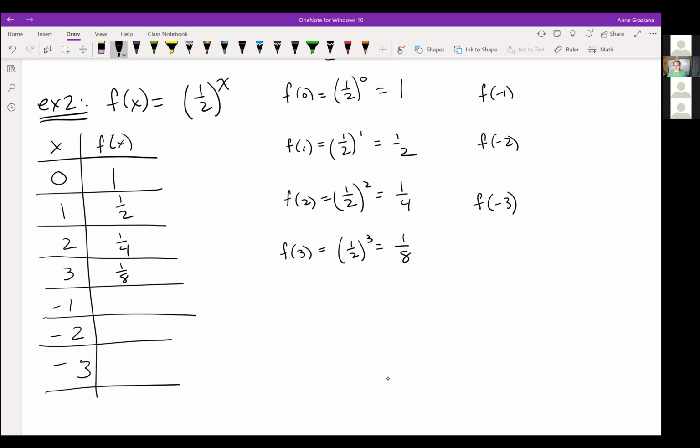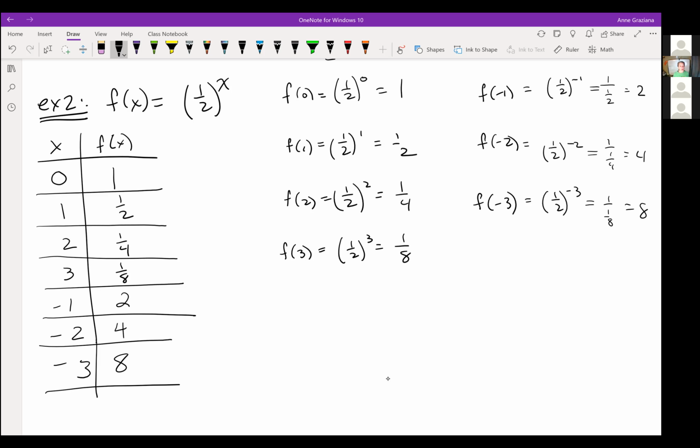Okay, so I put in the positive ones. I'll give you like 30 more seconds to get the negatives. All right, so you should have gotten 1/2, 1/4, 1/8, and then 2, 4, 8.